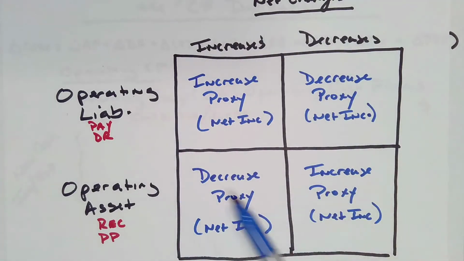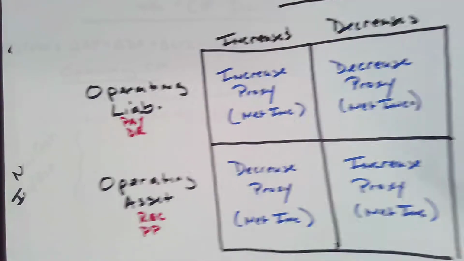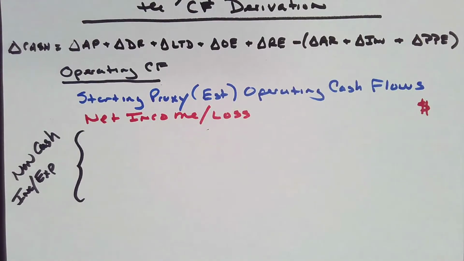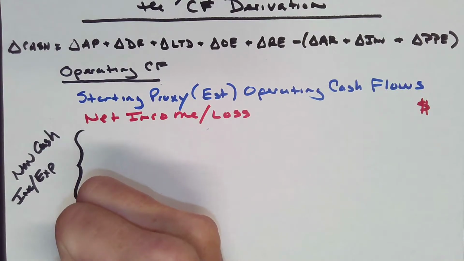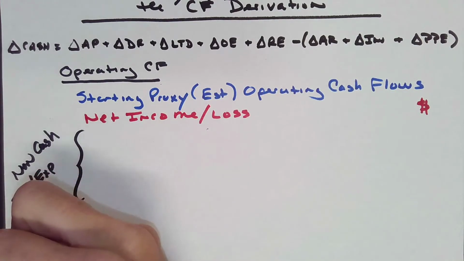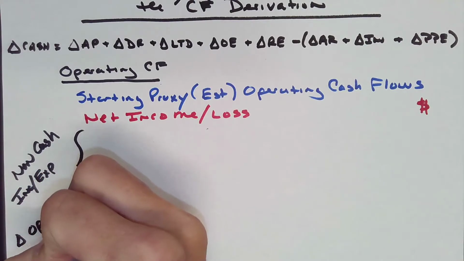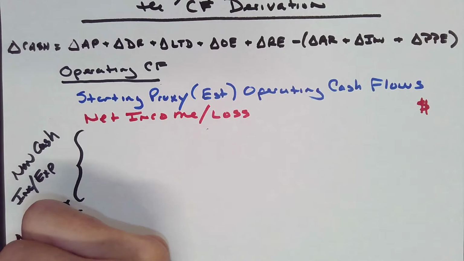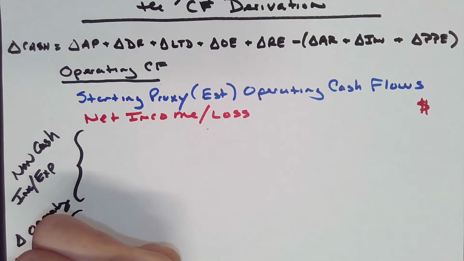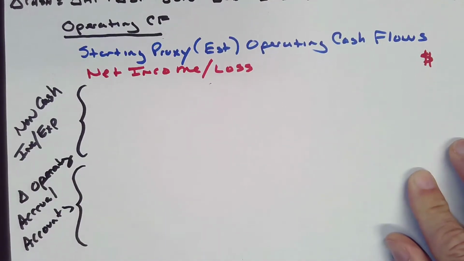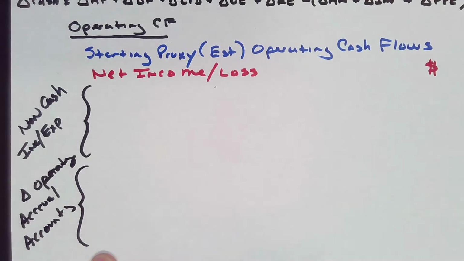And this little 2x2 helps you understand that. So here we are going to have changes in operating accrual accounts. So those are the two sections.